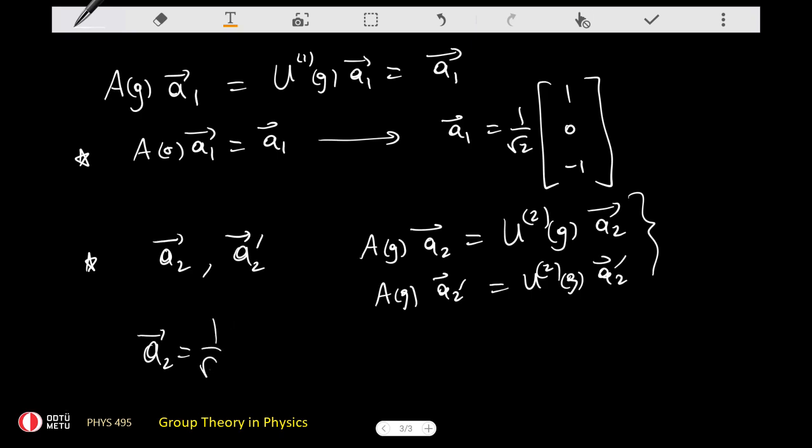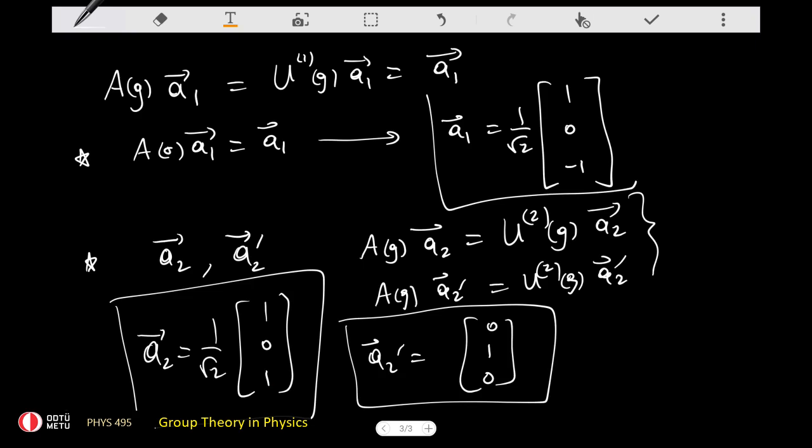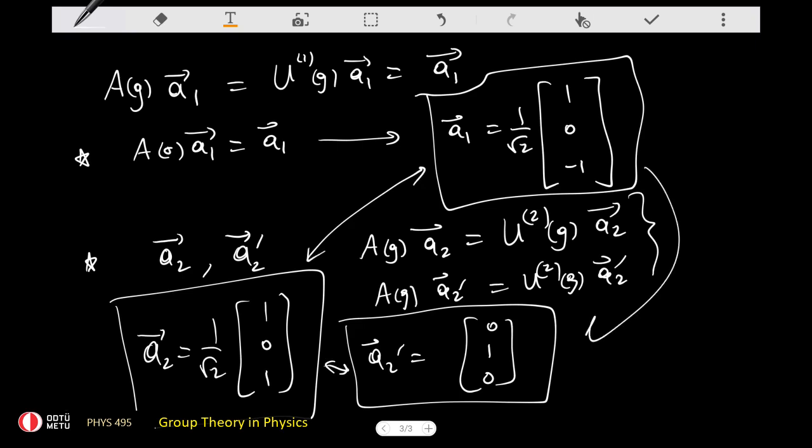For example, this might be 1 over root 2, 1, 0, 1. And the other one might be 0, 1, 0. Right? So I'm choosing them to be normalized. I also make sure that these two are orthogonal to each other. The orthogonality of these is guaranteed, but I'm just going to do it like that.